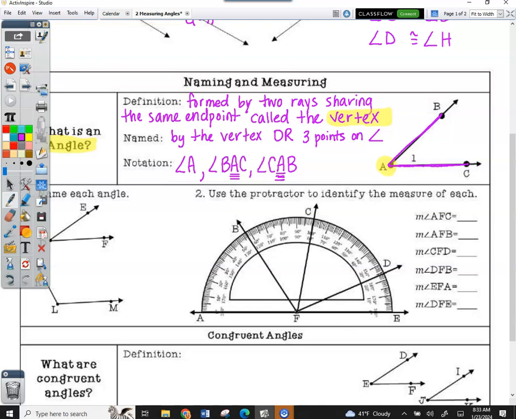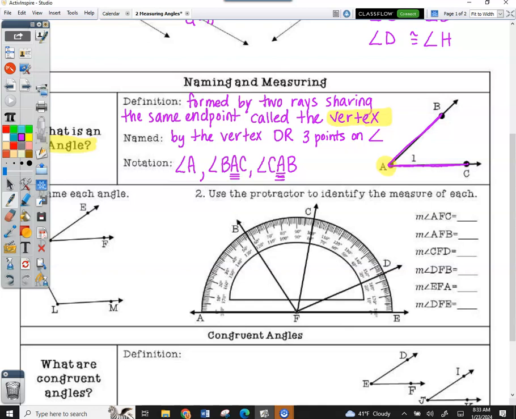Now you might be wondering, why is there a random 1 floating on the inside? When we get to complicated pictures where naming it by 3 letters is a headache because there's more than 1 angle in the picture, we can assign numbers randomly to the floating quarter of the angle, and we can actually name it by a number.